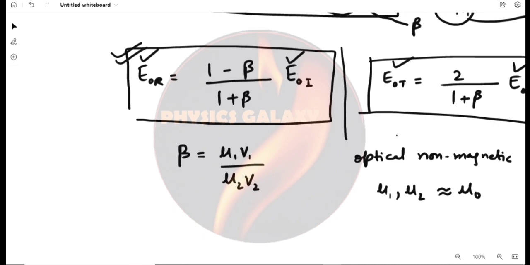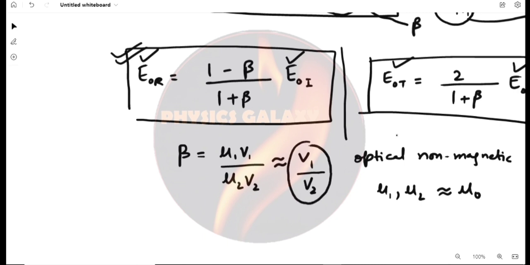So you can write beta almost equal to v1 by v2. Remember, this is not the case for magnetic materials. If you take iron or nickel, cobalt, this won't be the case. But for most optical non-magnetic materials, you can always approximate beta as v1 by v2.